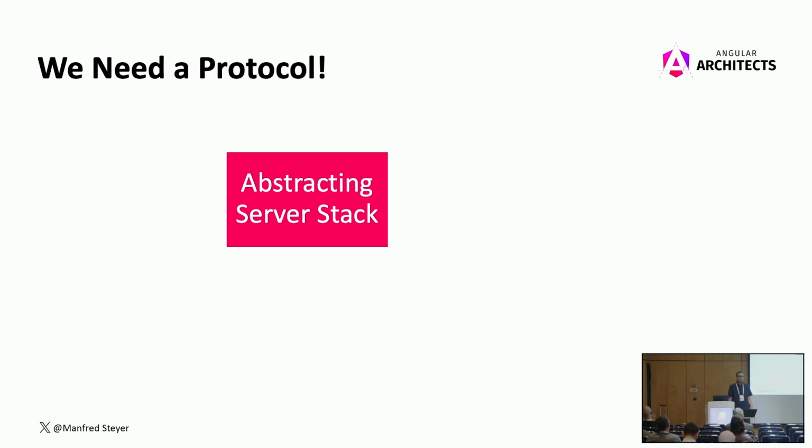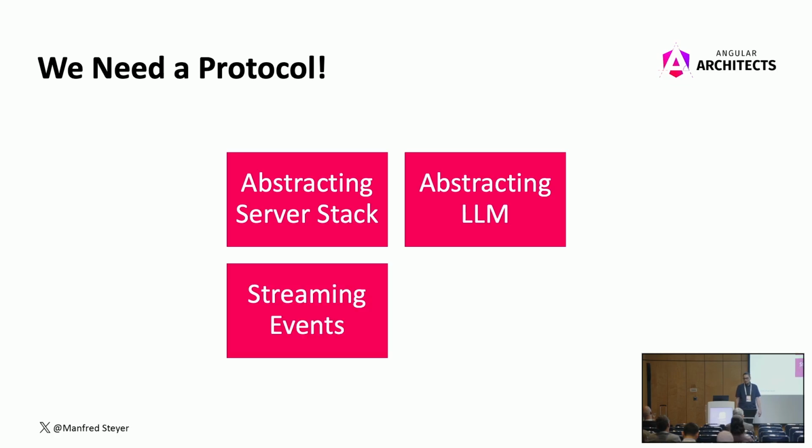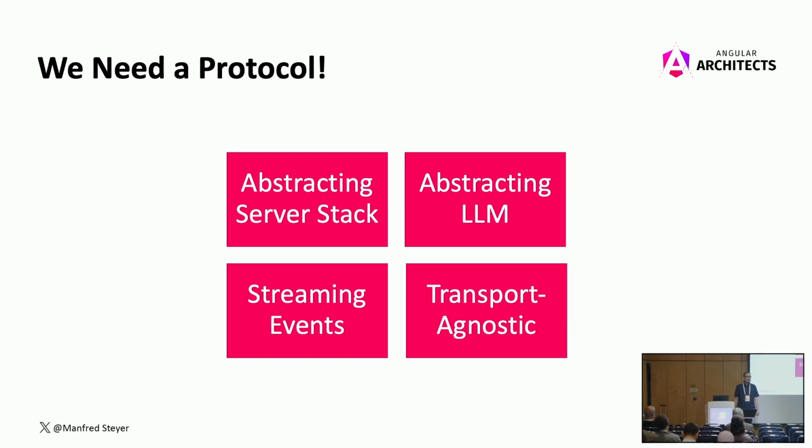We need a protocol that is abstracting the server stack, that is abstracting the LLM itself, that provides event streaming so that we get progress information, and that is transport agnostic. Some people might prefer server-sent events, other people might prefer something like WebSockets, for instance.